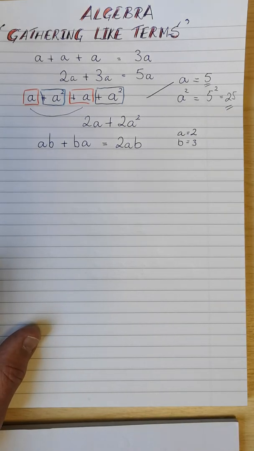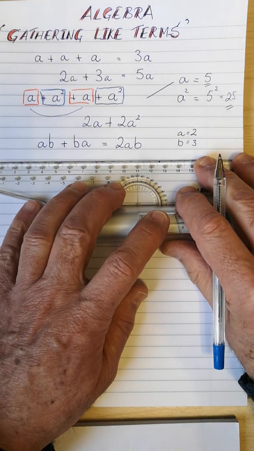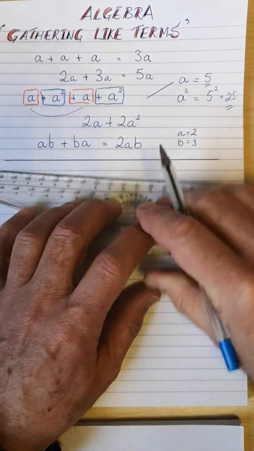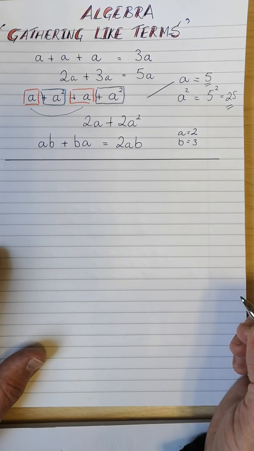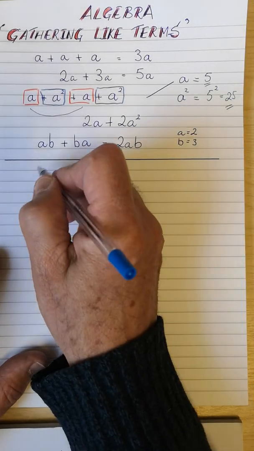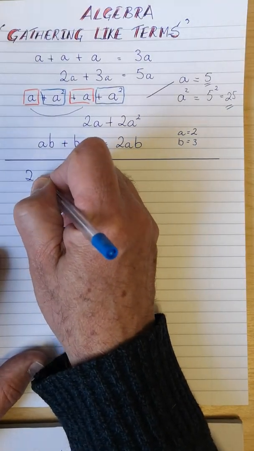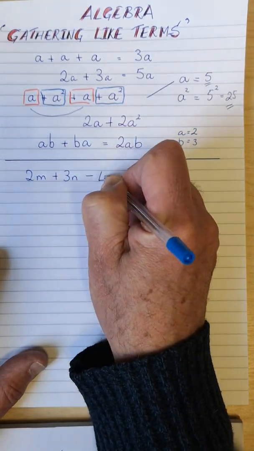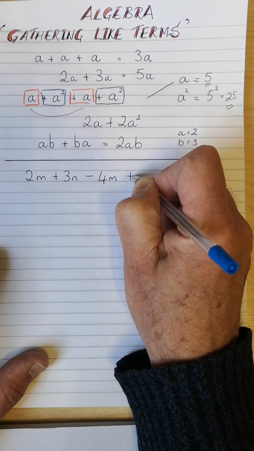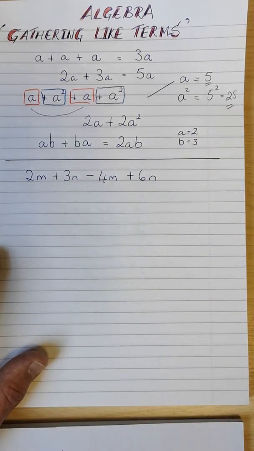Now let's go a little bit further. I'm going to rule these off as completed. And let's go on to bringing in some positive, negative signs. Right, let's start. 2m plus 3n minus 4m plus 6n.